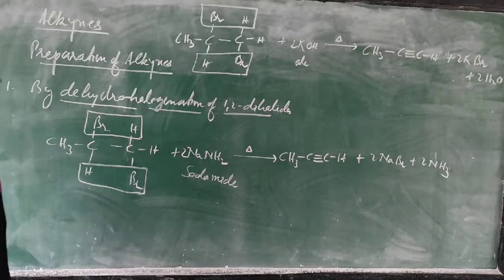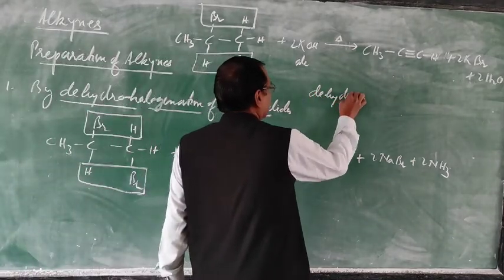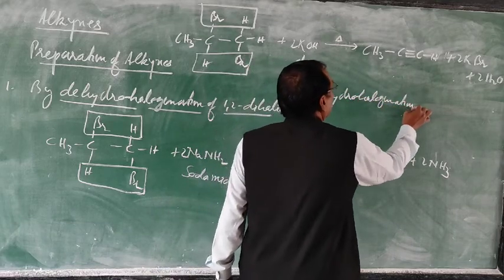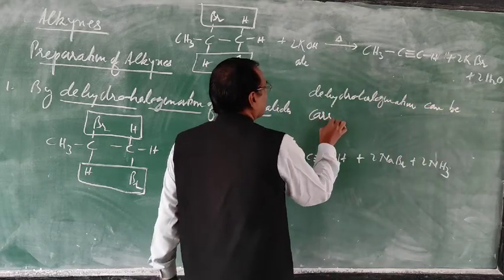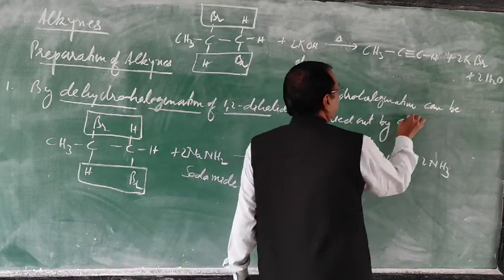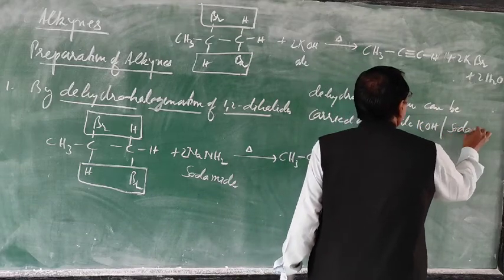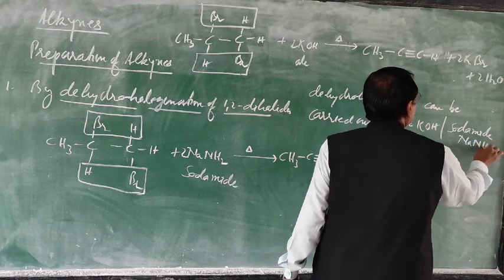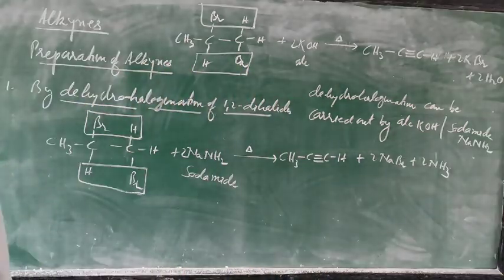So dehydrohalogenation can be carried out by alcoholic KOH or sodamide. Sodamide is NaNH2. Both can be used for dehydrohalogenation. So this is the first method.